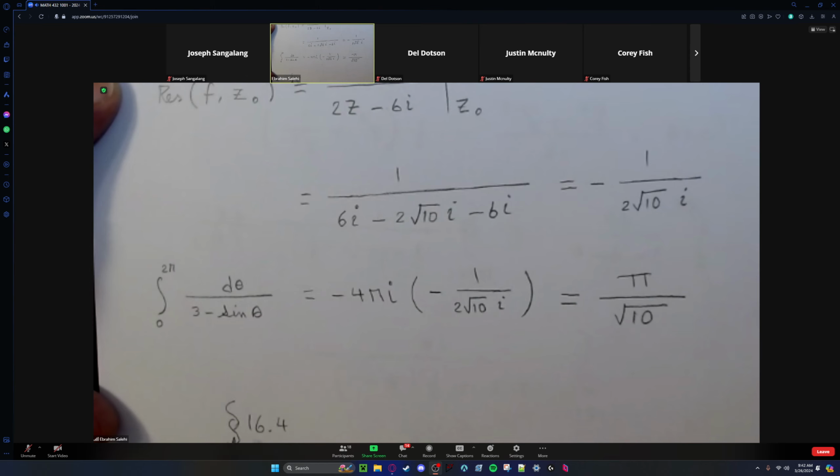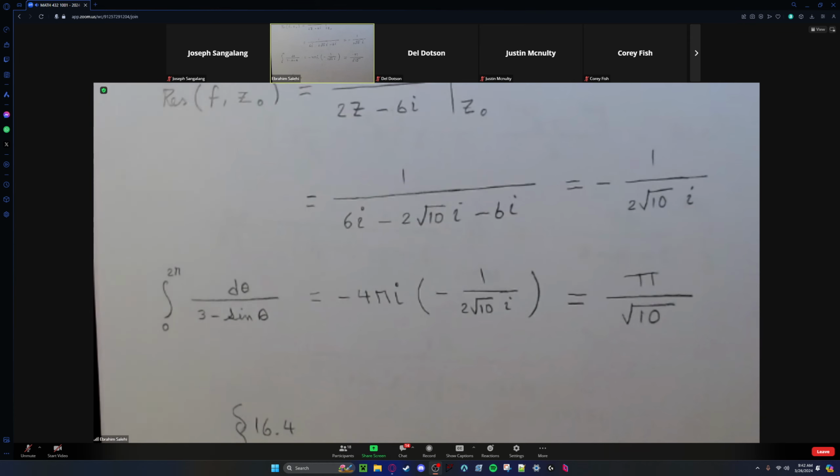Go ahead and practice this on page 733 in my book.